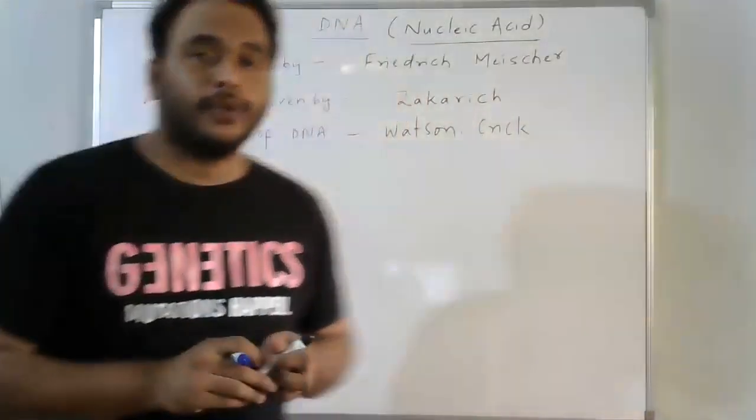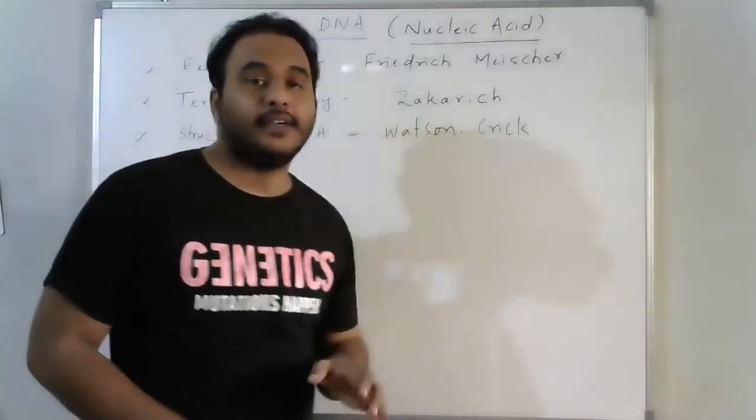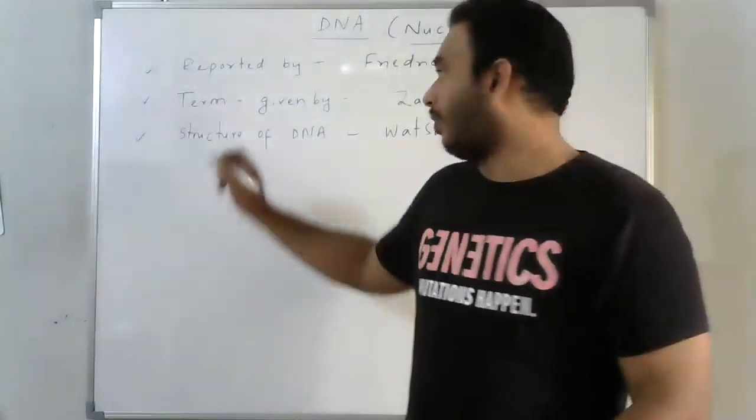This structure, which was explained by Watson and Crick, is the double helical model.